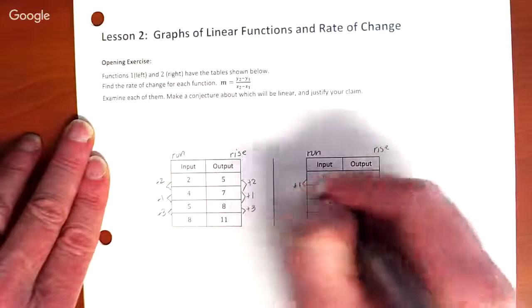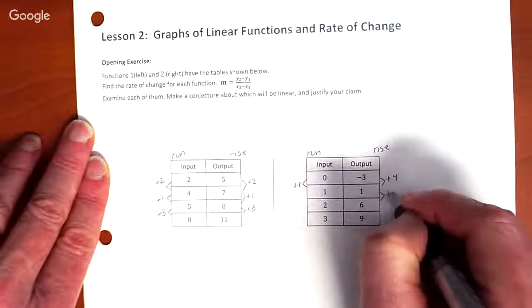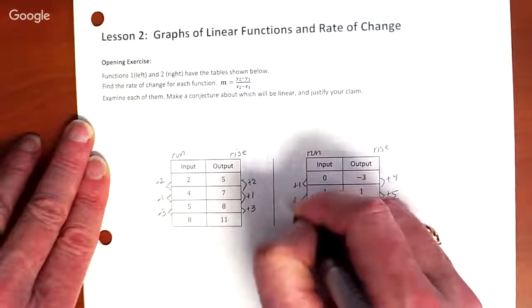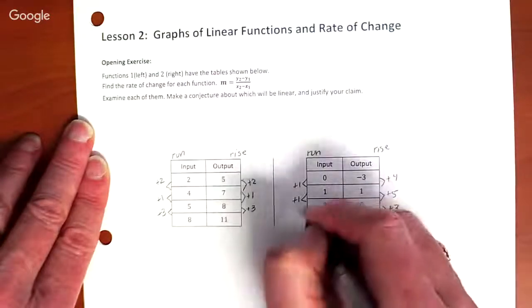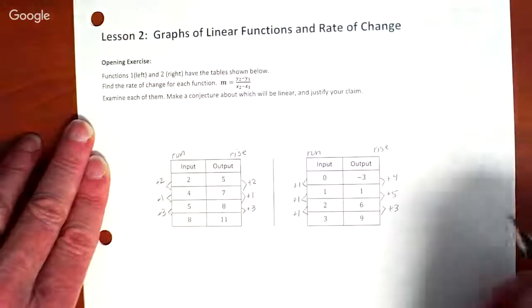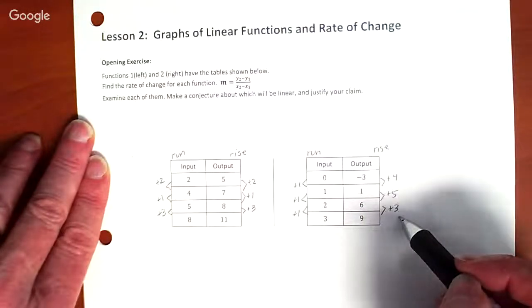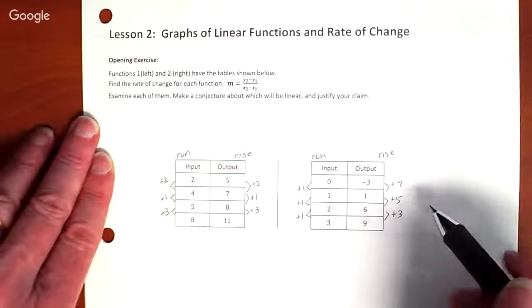This is going up by 1. This is going up by 5. This is going up by 1. This is going up by 3. This is going up by 1. So if you notice, these are not going up by the same thing.